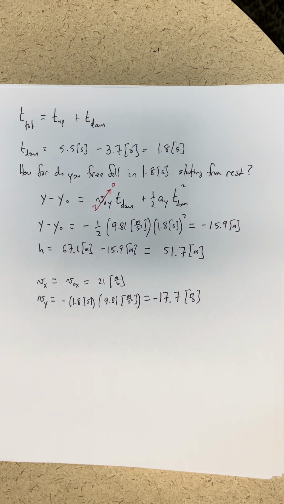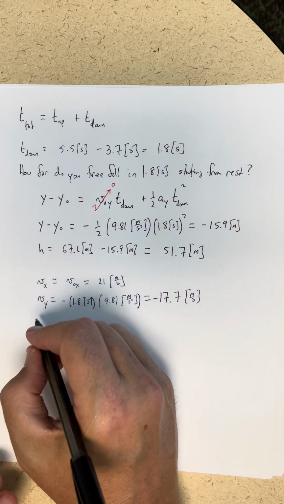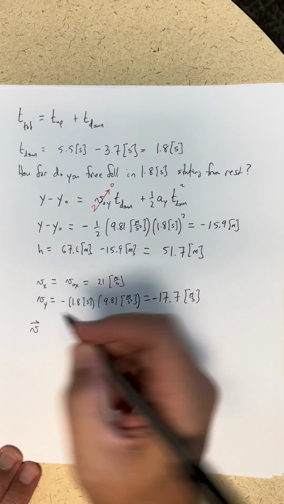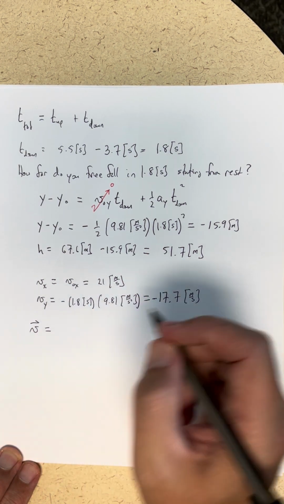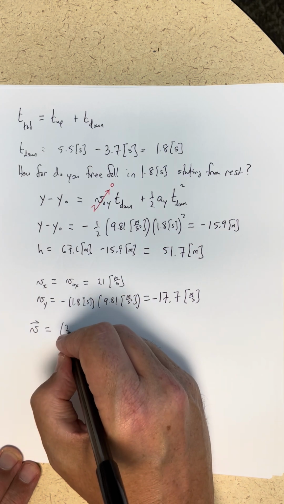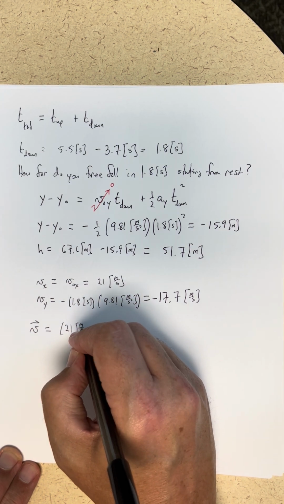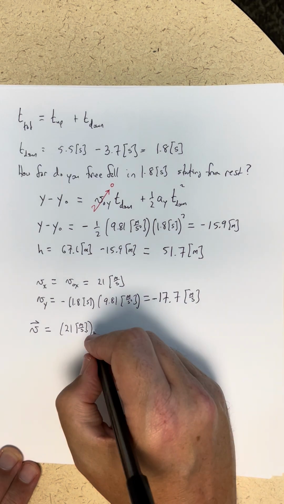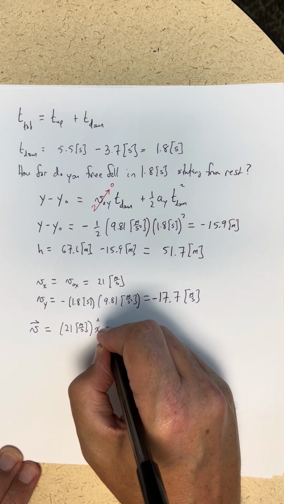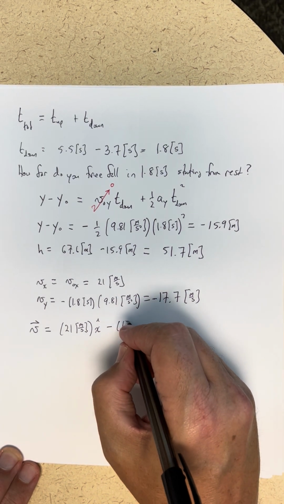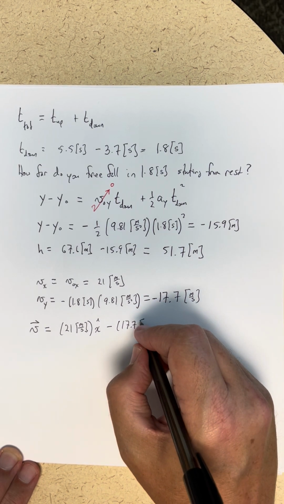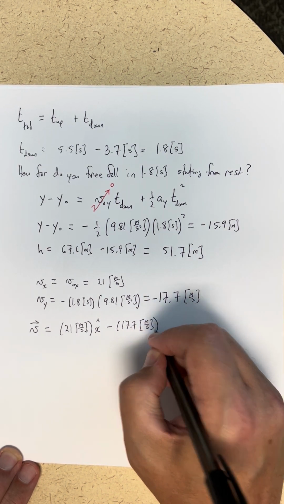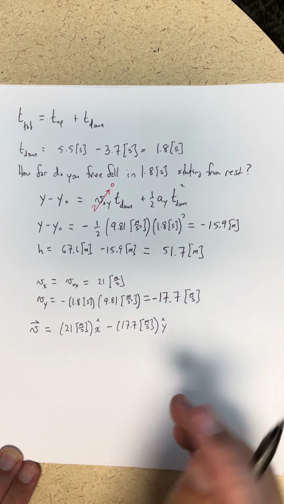All right, so we can write that final velocity, v, as 21 meters per second along the x direction, and then minus 17.7 meters per second along the y direction.